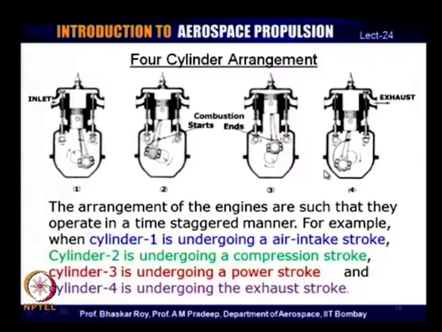So, the time stagger that I was talking about is shown here in this diagram, that if you have a cylinder arrangement in inline or opposed or X type, whatever, you could have them staggered in such a way that the 4 strokes that the engines typically undergo can be operated simultaneously through these 4 cylinders, and each of them would be supplying power to the central crankshaft.